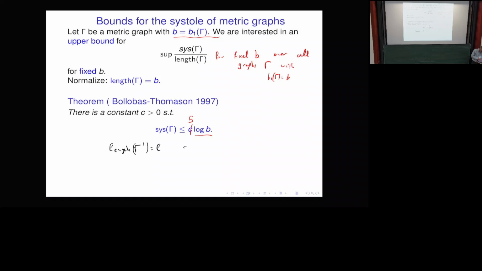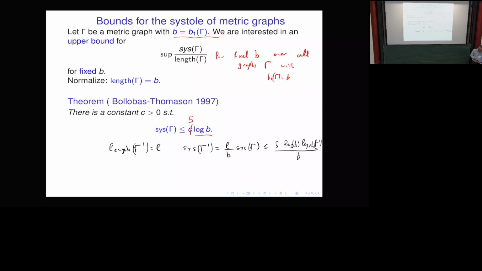Then I rescale, and I have the length to be just anything. Then the systole of gamma prime is going to be L over B times the systole of gamma, right? But this is less or equal than 5 logarithm B, length of gamma prime over B.